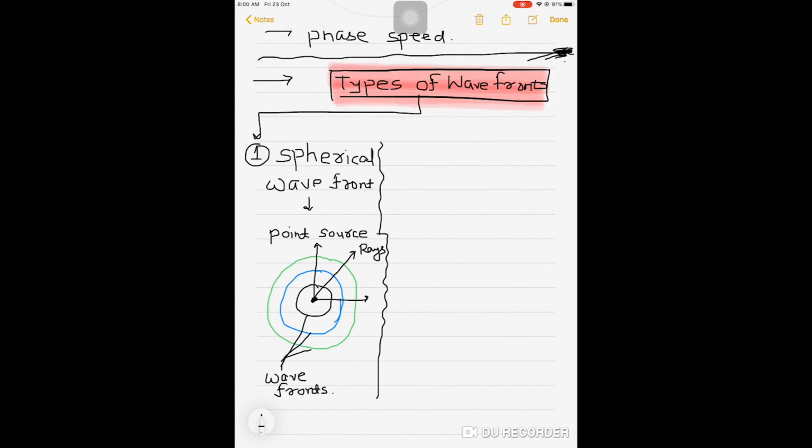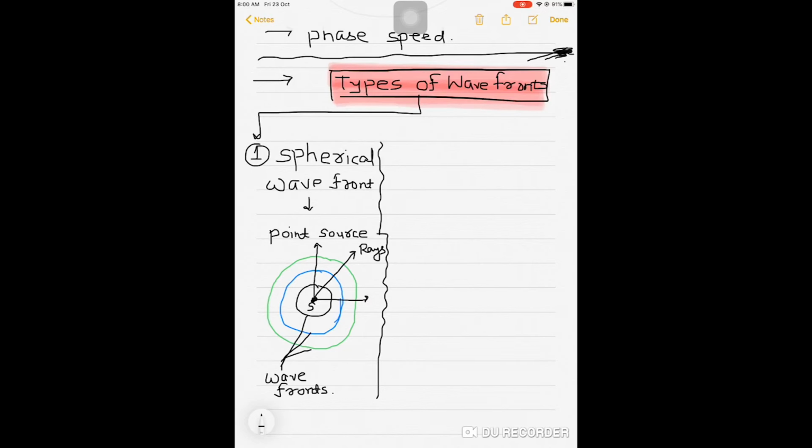This is because all such points which are equidistant from the point source will lie on a sphere, and therefore the disturbance starting from the source S, here point S is the source, will reach all these points simultaneously.